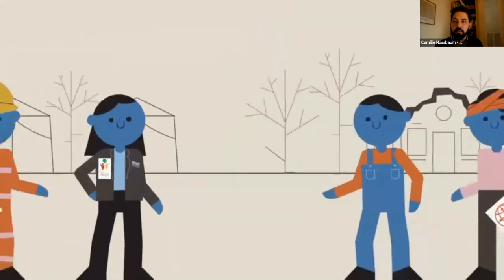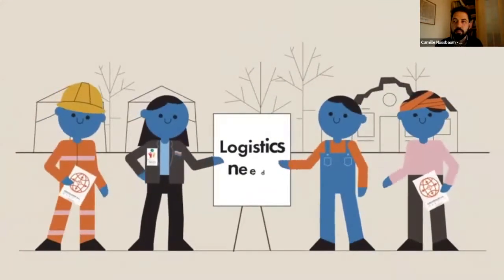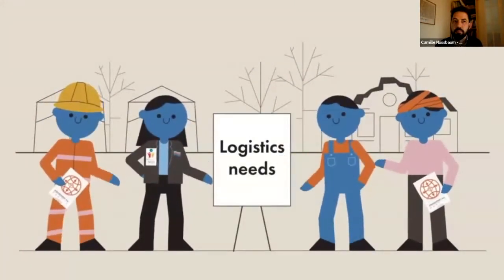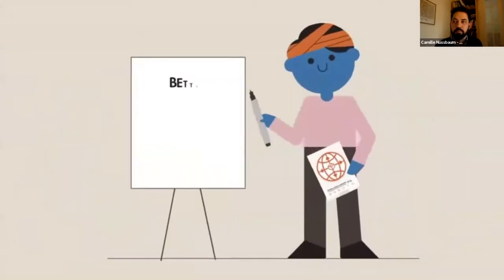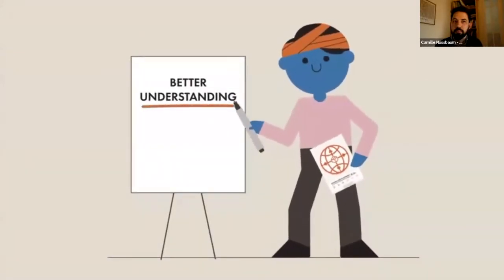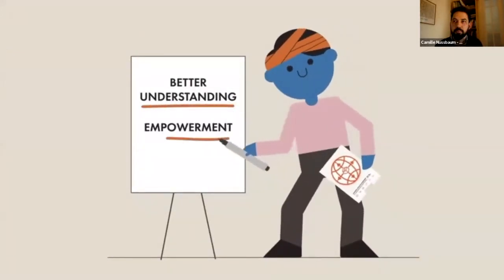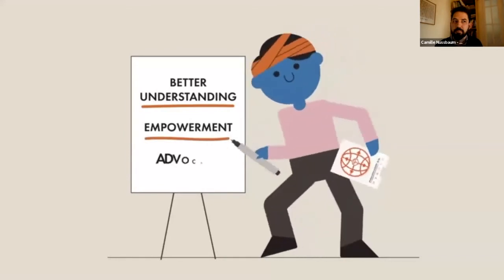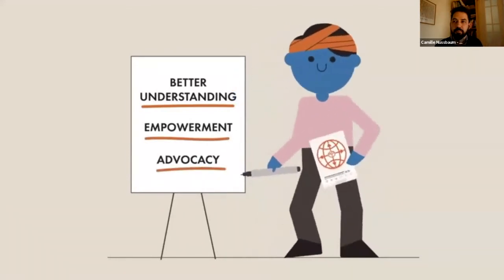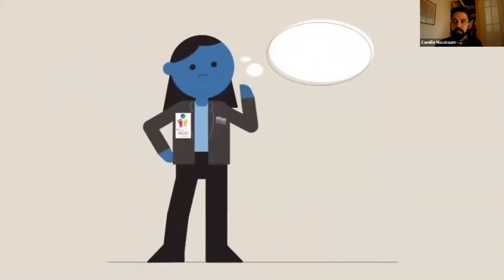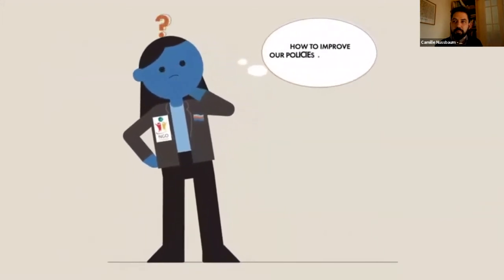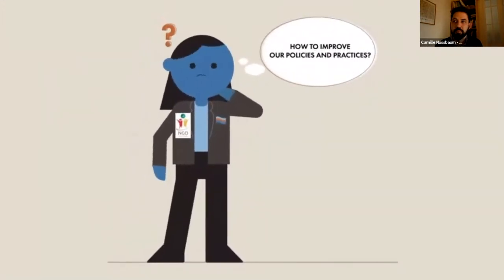They also enhance collaboration and communication by providing a common language. Standards can support better understanding of the logistics needs, empowerment of the local communities, as well as advocacy with donors and local authorities. Lastly, they are useful to develop policies or establish a baseline for a specific field operation.